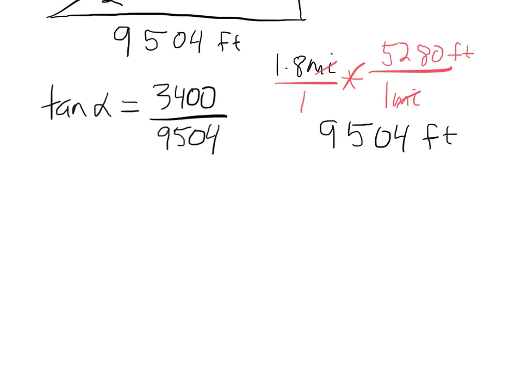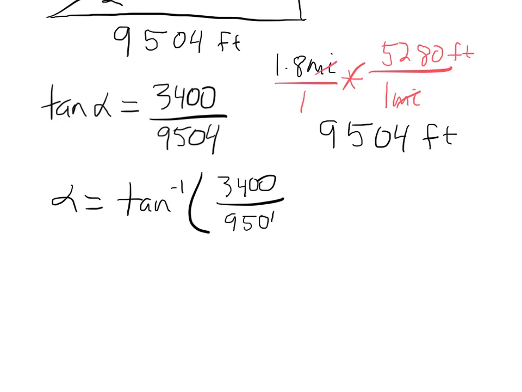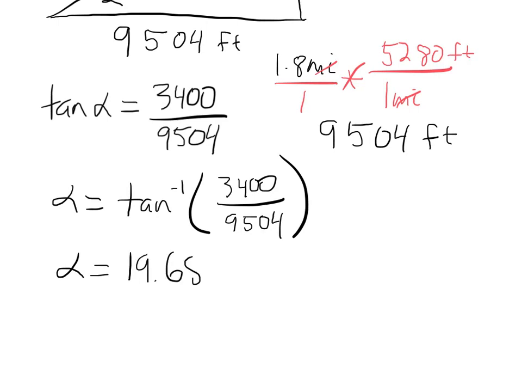Now to find alpha, alpha is going to be arctangent of 3,400 divided by 9,504. And this is now what I would plug into my calculator. Make sure you're in degree mode. And you get alpha is 19.684-ish degrees.